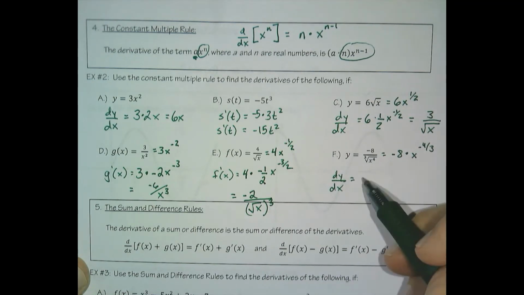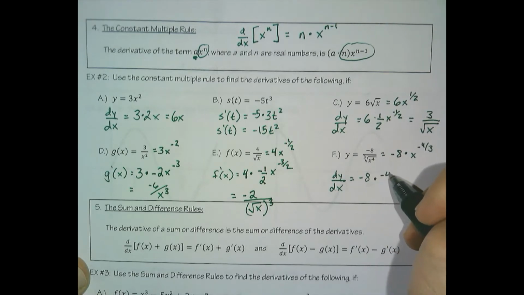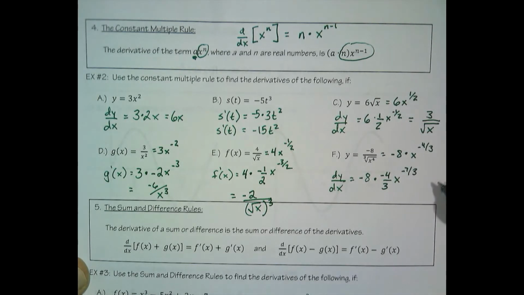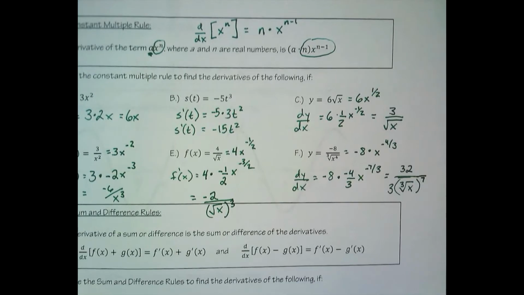And constants go along for the ride, and then the derivative of this, negative 4/3 drops down in front, and we decrement the exponent by 1, we get negative 7/3. If we were to clean this up, we would have 32 over 3 times the cube root of x to the 7th degree.